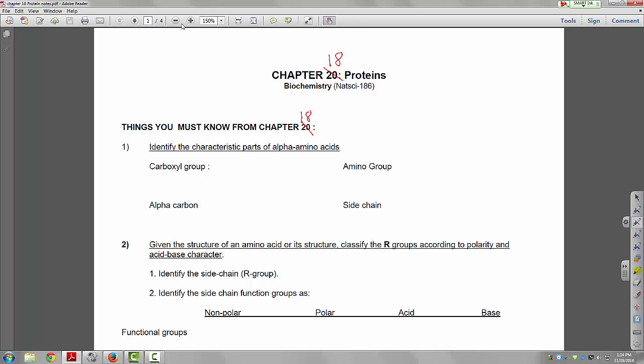Let me draw a couple of amino acids here. It's an acid, so we have a carboxyl group, and it's an amino acid, so we have an amino group, and let's keep this simple, a side chain here.